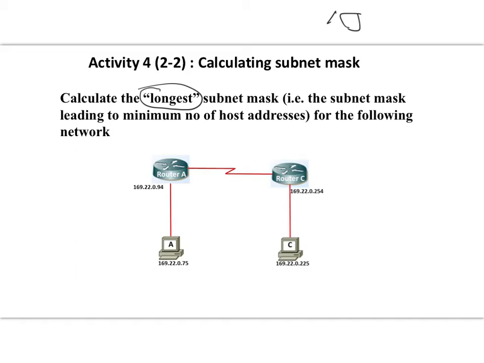So first, how many subnets do we have in this network? 2. Yeah. In general, we have 1, 2, and 3. Okay? In general, we have 3. However, you have not been given any IP address here. So we need to focus on these 2. Okay. So the other question is, these are routers, right?